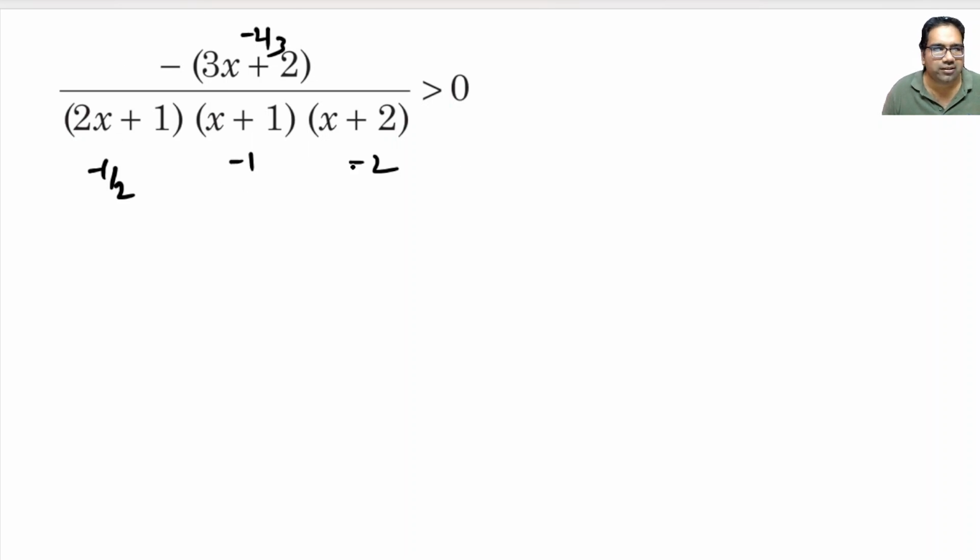Let us order all these four numbers in ascending order: minus 2, minus 1, minus 2 by 3, which is minus 0.6 roughly, and minus 0.5.